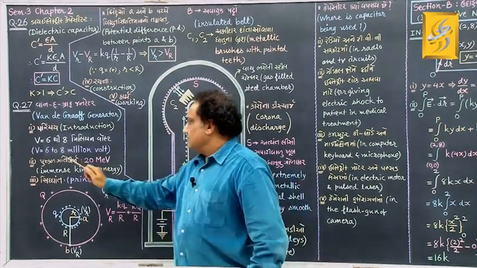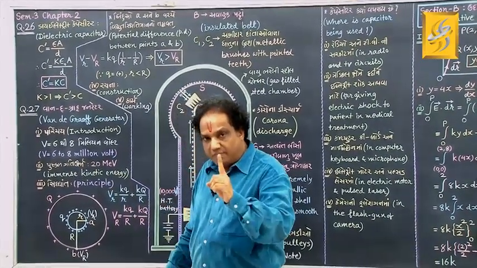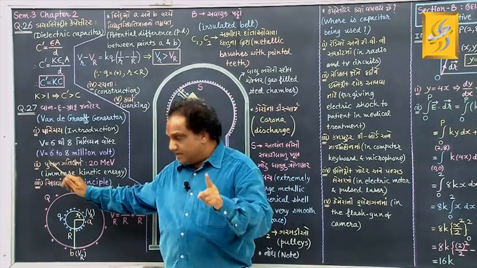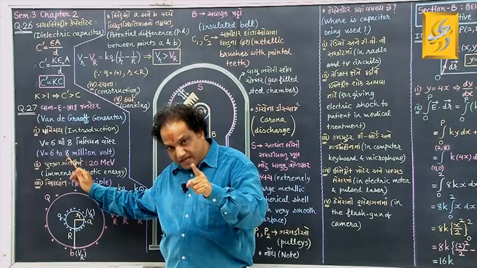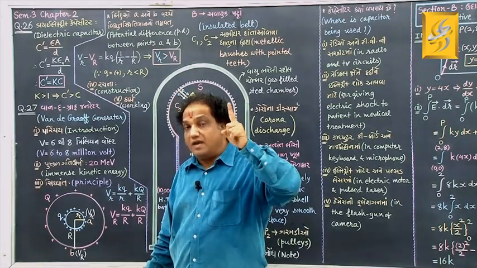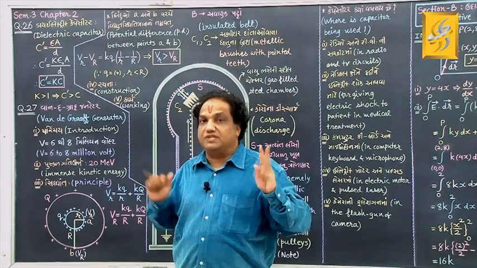Look here, 6 to 8 million volt. 1 million means 10 lakh. So, 6 into 10 lakh is 60 lakh, and 8 into 10 lakh is 80 lakh. From 60 lakh volt to 80 lakh volt, such a very high electric potential we can have using this device.